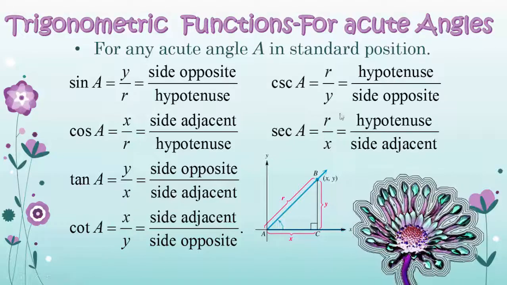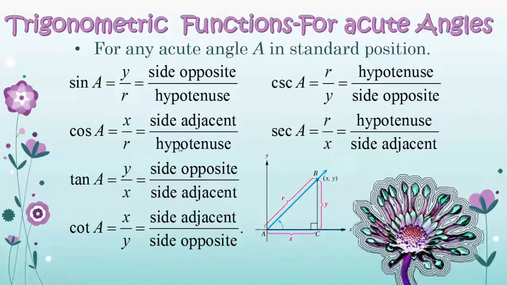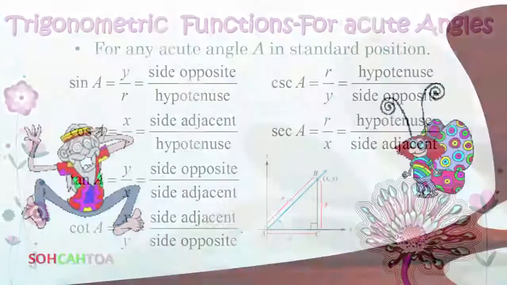If the sine is the opposite over the hypotenuse, then the cosecant is the hypotenuse over the opposite, which is its reciprocal. And similarly for the cosine, we have the secant, where the secant is the hypotenuse over the adjacent, and that is the reciprocal of cosine.